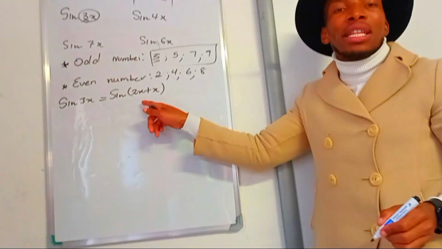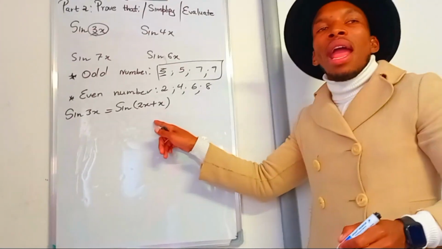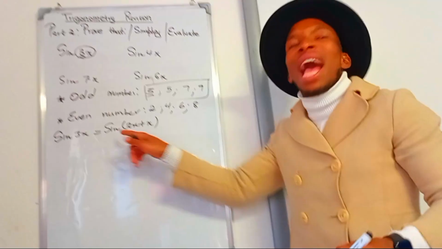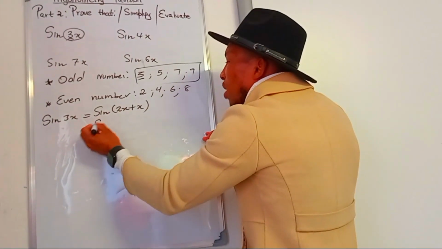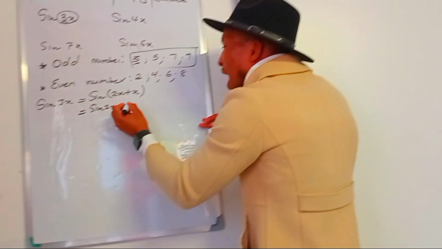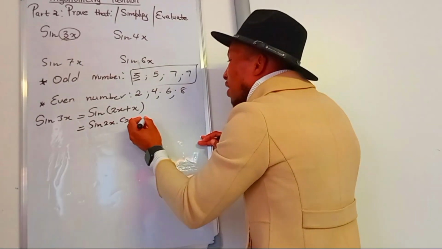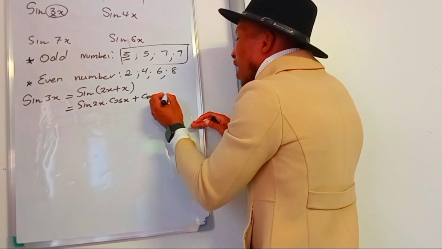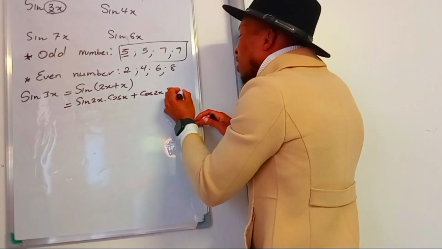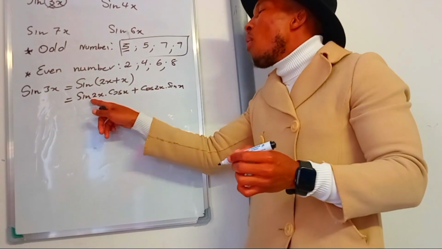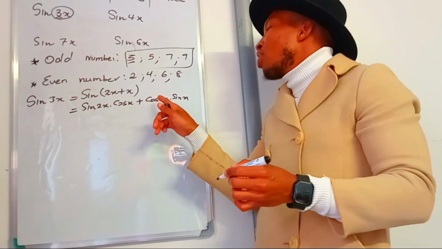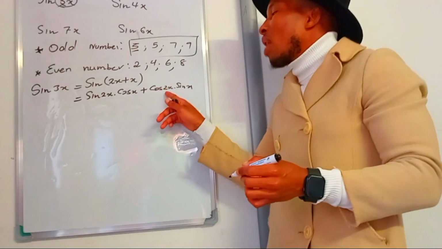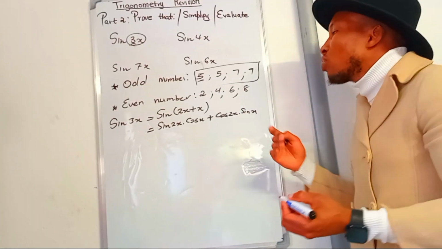Here we have a compound angle of sine. This is going to be equal to sine 2x times cos x plus cos 2x times sine x. Then you know the double angle sine 2x and cos 2x, and you can simplify.